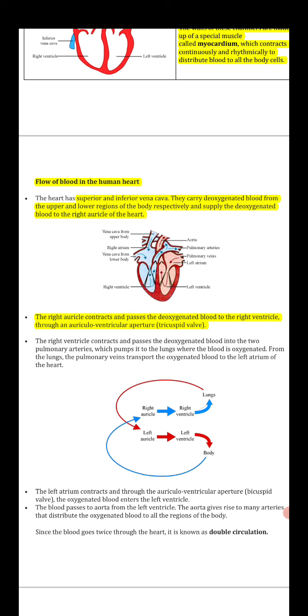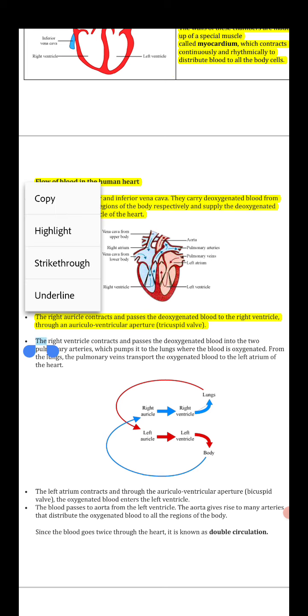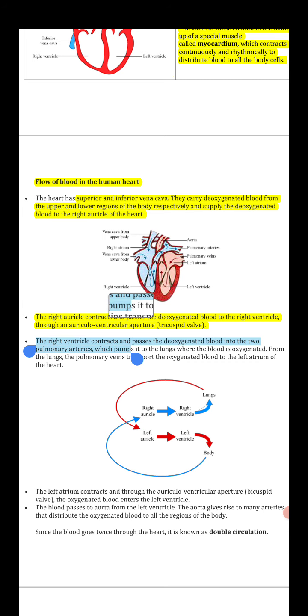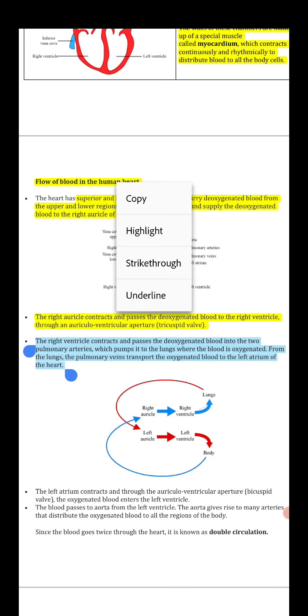After the blood enters the right ventricle, the right ventricle contracts and passes the deoxygenated blood to the pulmonary arteries.